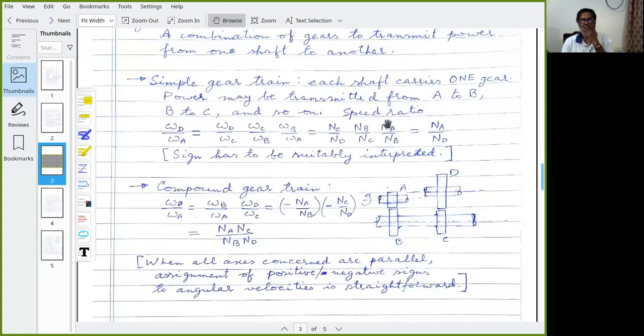Because, for example, if there are bevel gears, so one axis and the other axis are not parallel, you cannot say this is opposite. Which one you will take positive, which one negative, which senses, you have to decide and put in the formulation for each one separately.